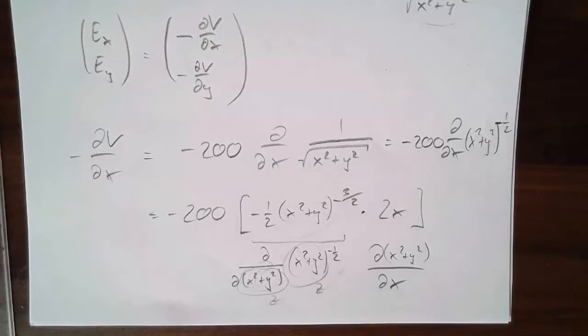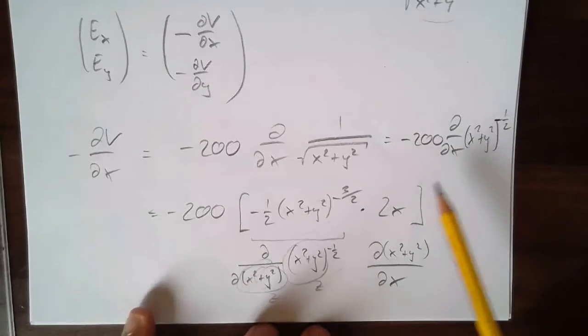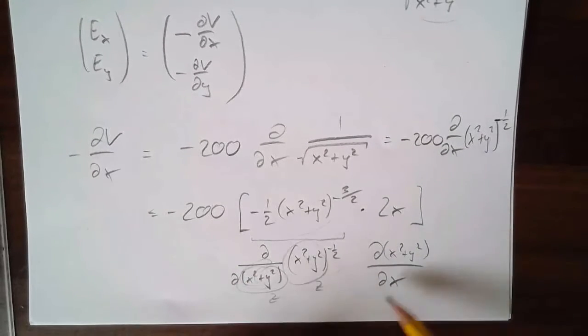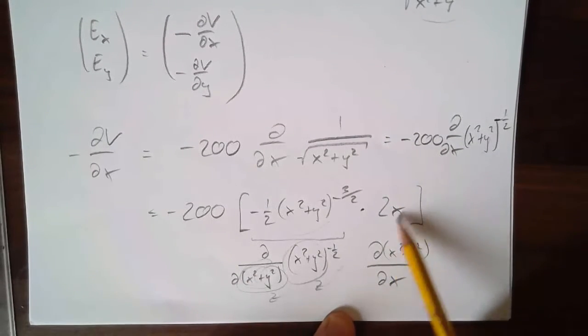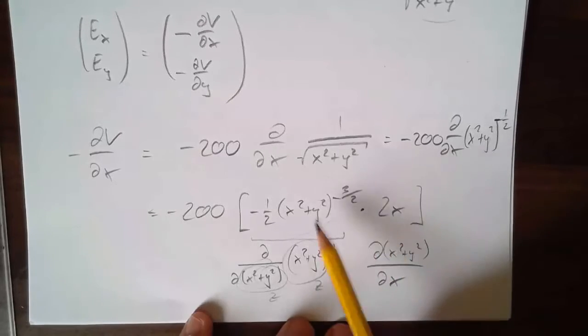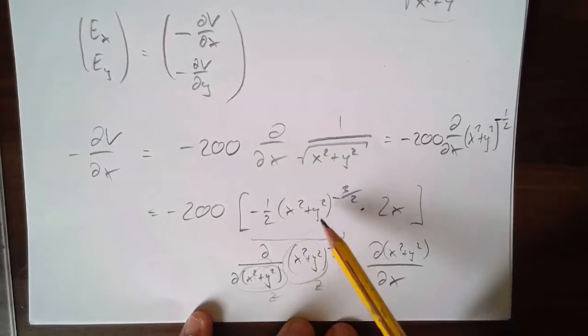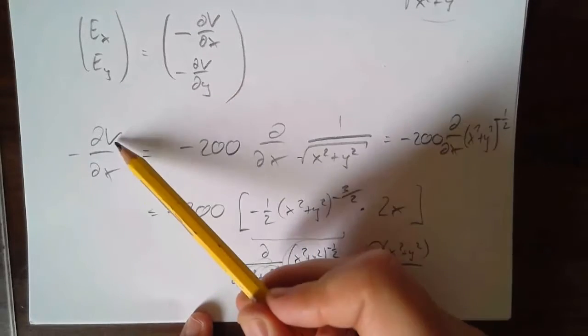Right? Chain rule. You should be able to do this anyway. You've probably had lots of practice in the calculus course, but maybe it's been a while. So this is this part here.